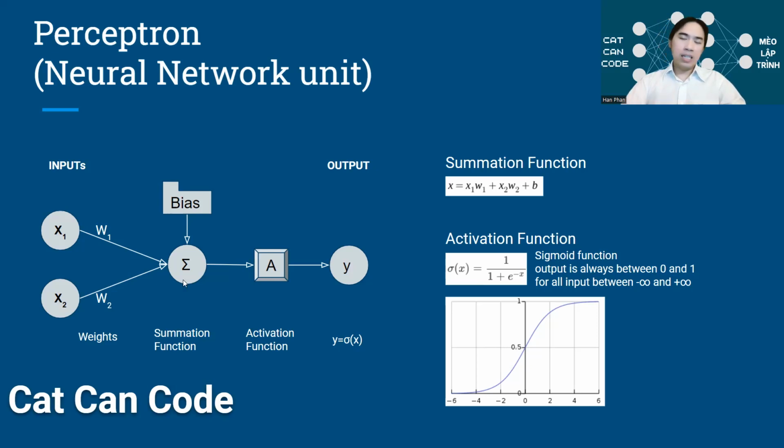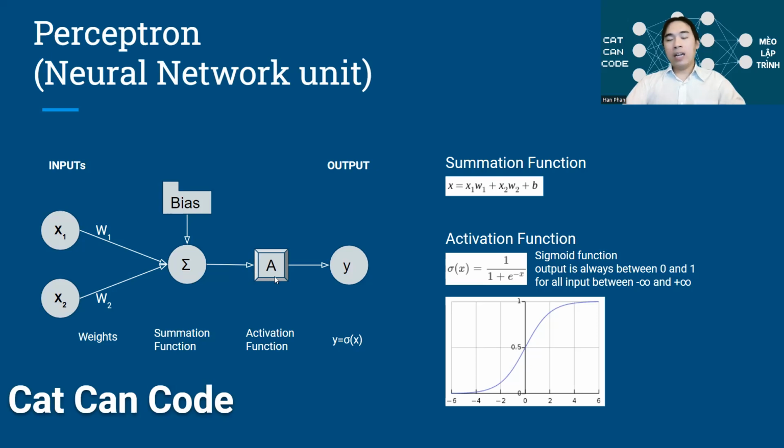This summation function is just the sum of the multiplication of the inputs and the corresponding weights. In this case, we have two inputs, so the summation function is x1 times w1 plus x2 times w2 plus b. B is the bias.